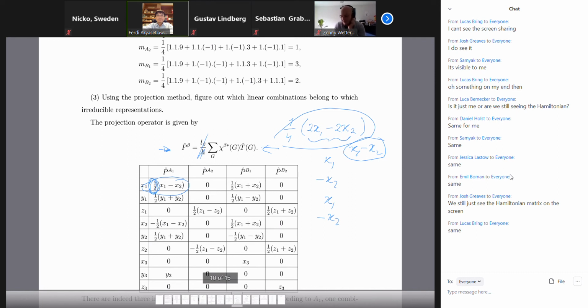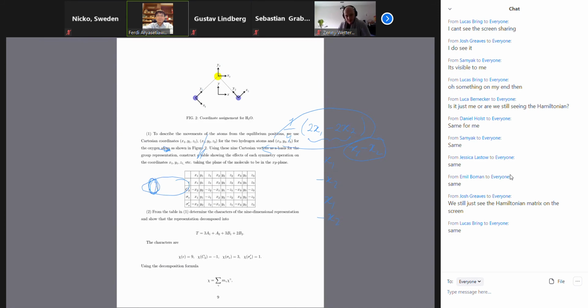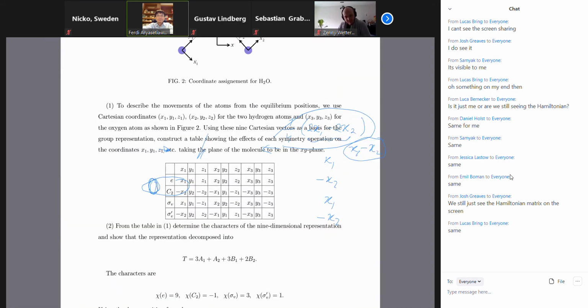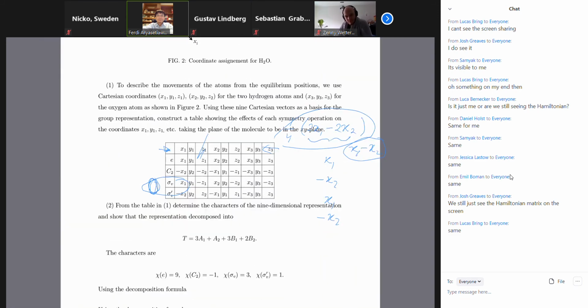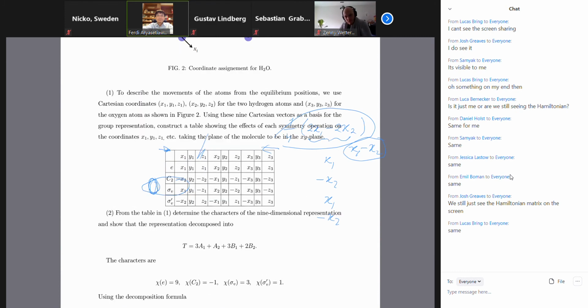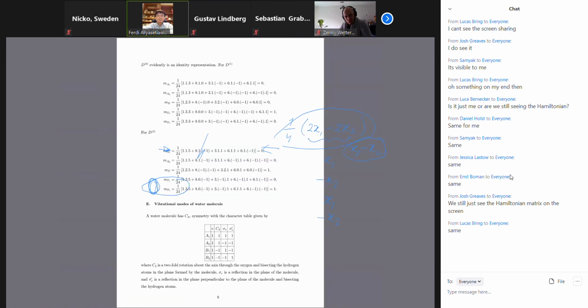We can take another one if you like. We can take the B1. What happened to B1? So B1, we look at the characters: B1 is 1, minus 1, 1, minus 1. Okay.